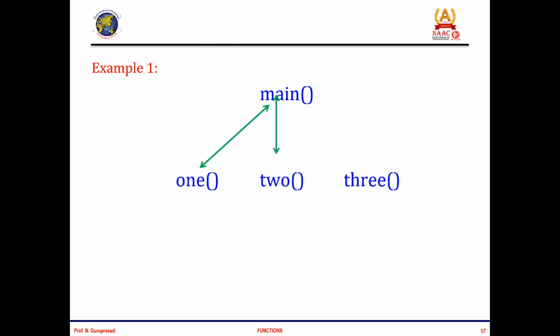Similarly, I call another function 2, where the control passes from main and goes to user-defined function 2, does the job of function 2 and takes the control back to main. And similarly, it goes to 3. Now in this particular example, the three user-defined functions 1, 2, and 3 have been called by main, and then the control has gone back to main.